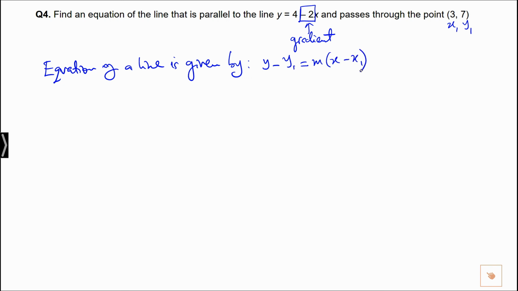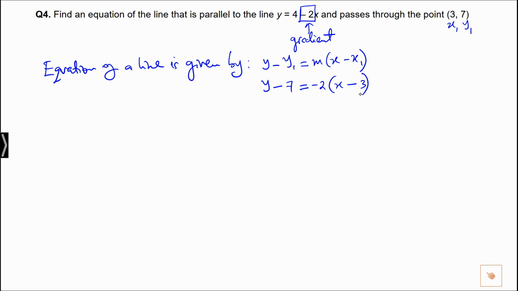So this is called the point slope form of the equation of a line. So basically what we can do here is plug in the coordinates and the gradient. So we'll end up with y minus 7 equals negative 2 times x minus 3.